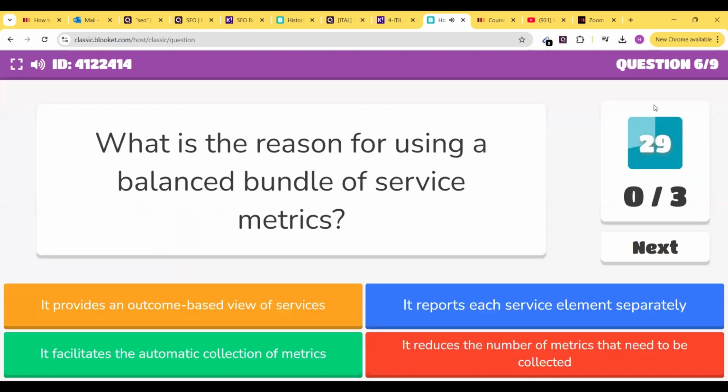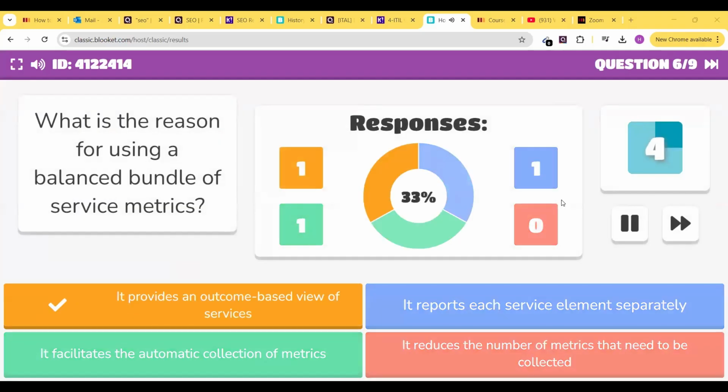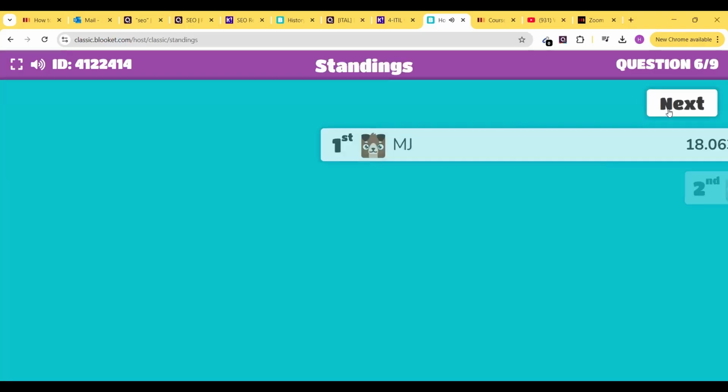So what is the reason for using a balanced bundle of service metrics? Provides an outcome-based view of services.